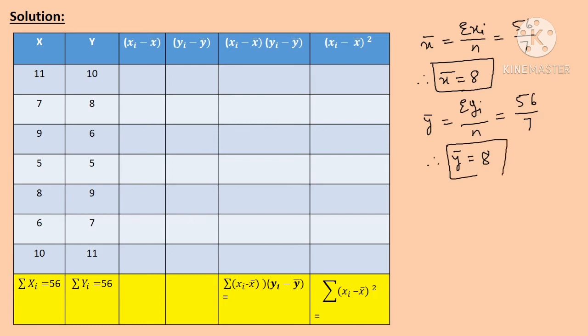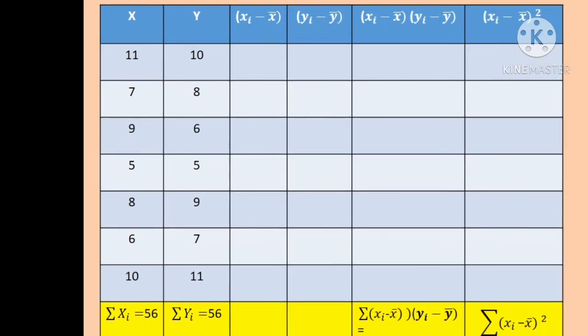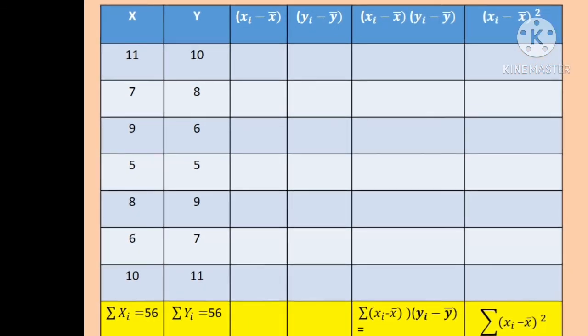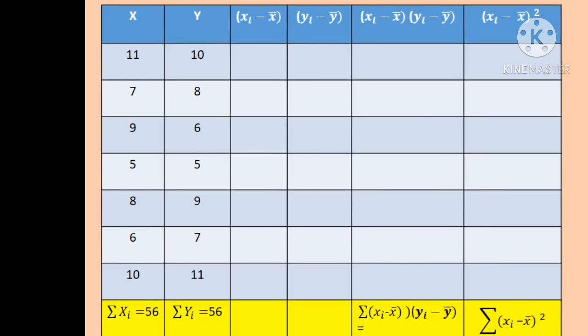Now to calculate the regression coefficient of y on x, the formula is summation xi minus x bar into yi minus y bar upon summation xi minus x bar the whole square. So we need to calculate first the xi minus x bar, then yi minus y bar, then the product of these, then the sum of it, and then also we have to calculate xi minus x bar the whole square. So accordingly I have made the columns here.